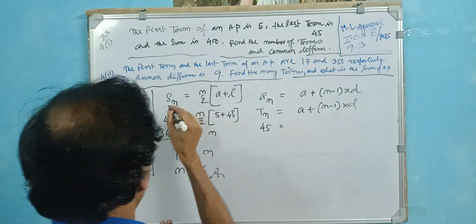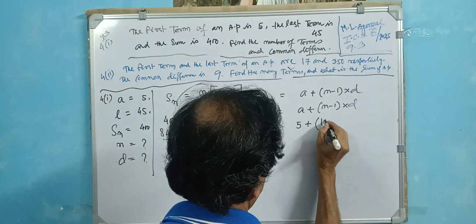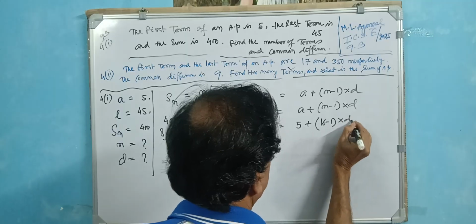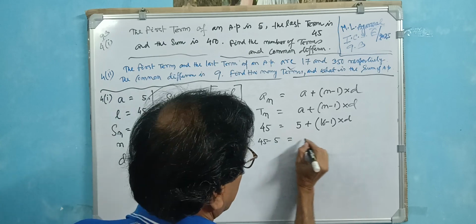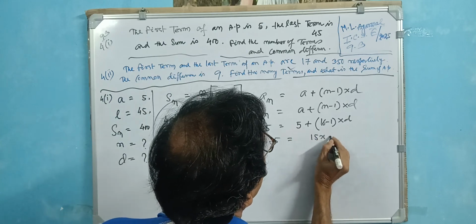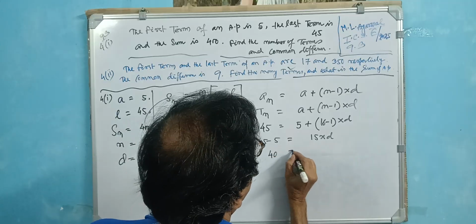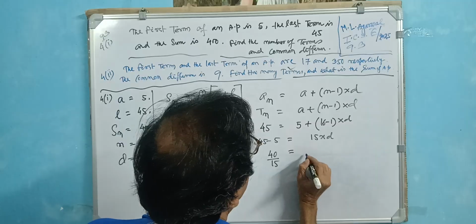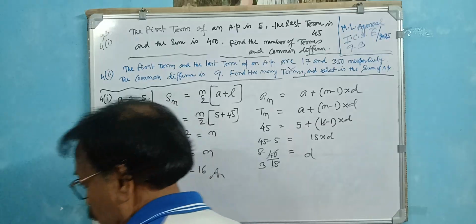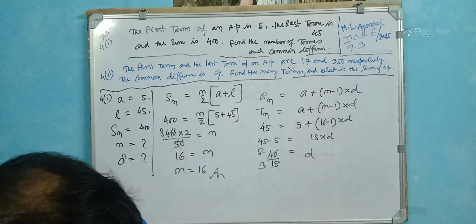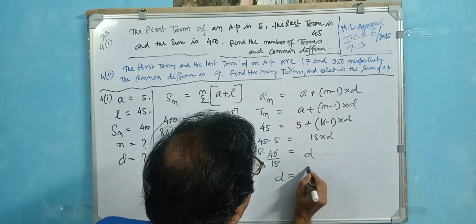A is 5 plus n, 16 minus 1, into d. So shifting, 45 minus 5 is equal to 15 into d. This is 40, so 40 by 15 is d. Cutting by 5, this is 8 by 3. So the value of d is 8 by 3.